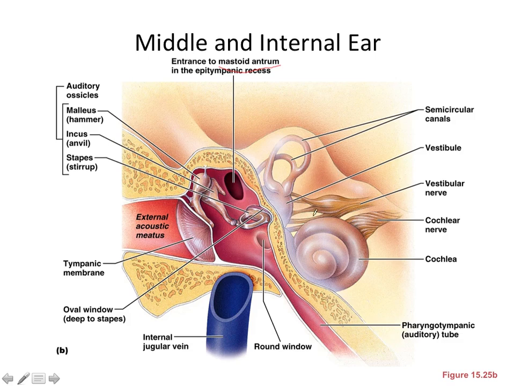Below the vestibule, we have a snail-shell-like structure called the cochlea. The cochlea has a nerve attached, called the cochlear nerve. The vestibule is also attached by a nerve, called the vestibular nerve. Here we can see the middle ear.